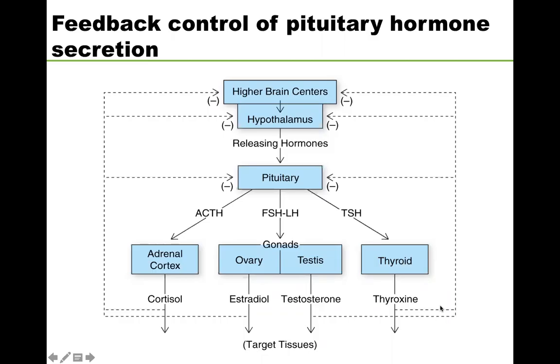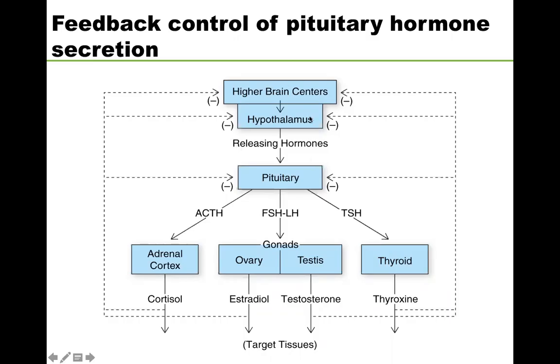So what we see here are three levels of hormones that are produced: first from the hypothalamus, then from the pituitary, and then these target organs produce the target hormones. These can control the release of hormones at the different levels. For example, if the level of thyroxine produced by the thyroid gland increases, it can act negatively, telling the hypothalamus, stop, I don't need any more.